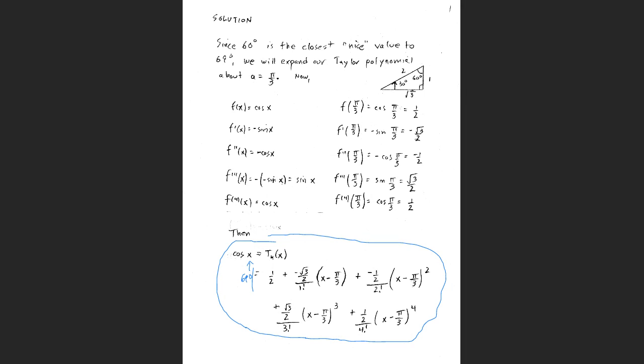If I do the cosine of 69 degrees, I'd be putting 69 degrees in for x everywhere. But can I do that?